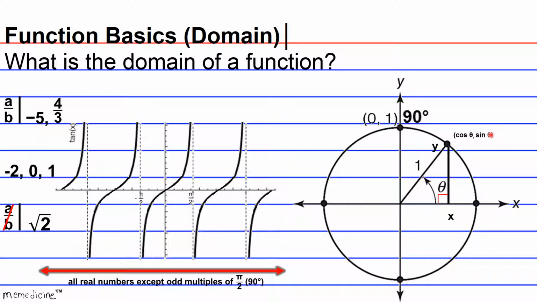And we know that the tangent of 90 degrees is going to be the value of its sine divided by the value of its cosine. Therefore, 1 over 0 is undefined. Hence, we get these vertical asymptotes, first at pi over 2 and at every interval where we have a quadrantal angle that is basically an odd multiple of pi over 2.